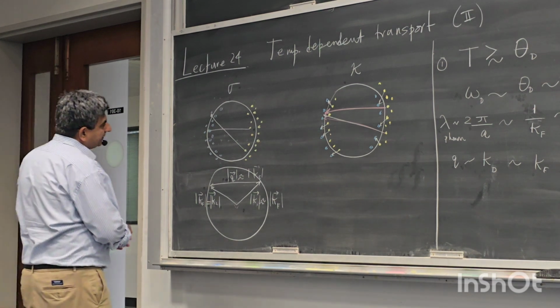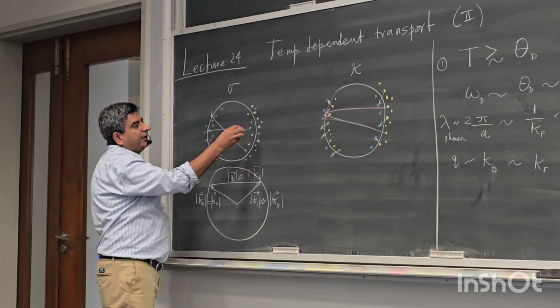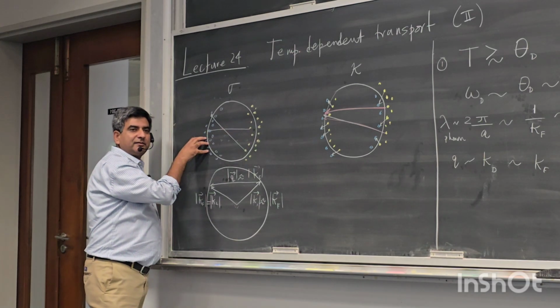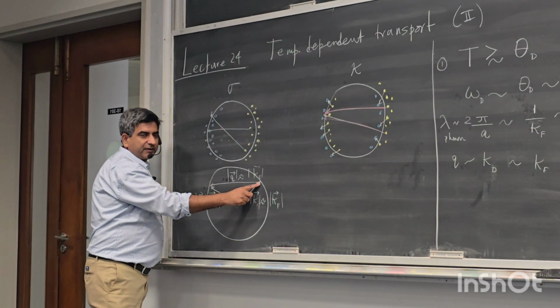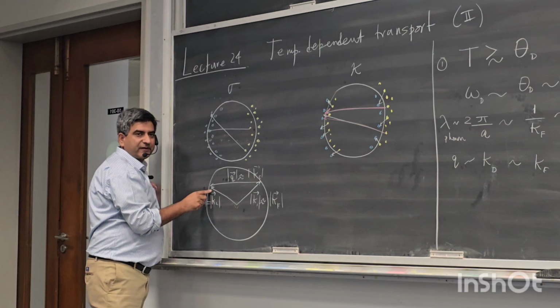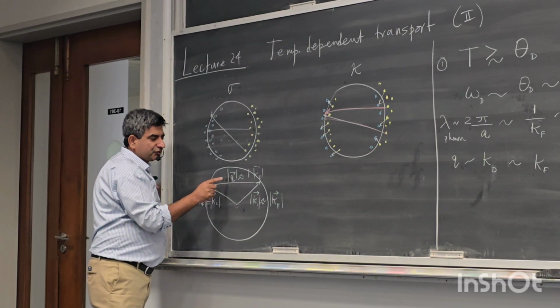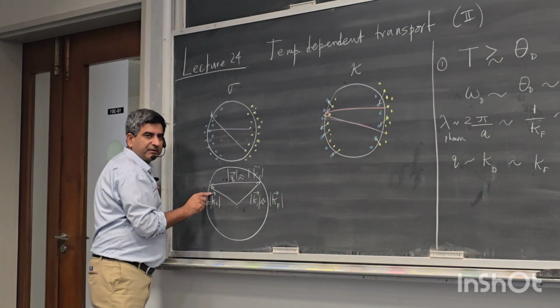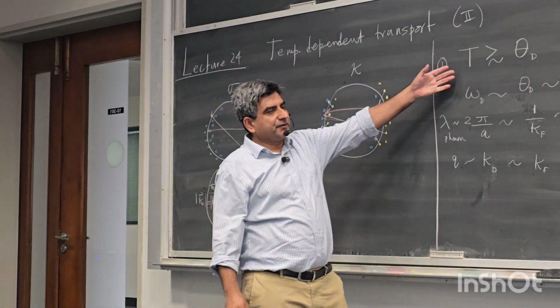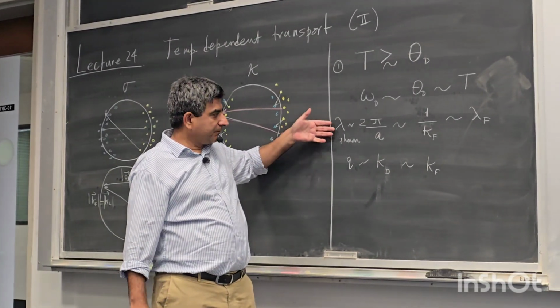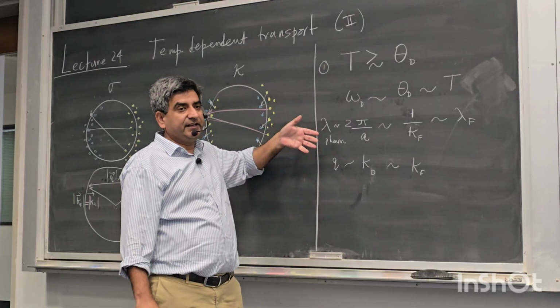So what is needed? For electrical conductivity, you need to take electrons from the right side of the Fermi sphere to the left side, which means an initial electron wave vector is pointing to the right, final wave vector is pointing to the left. So the change in momentum, which corresponds to the absorption or emission of a phonon, must be this long. So its wave vector must be comparable to the Fermi wave vector. At large temperatures, close to the Debye temperature, this wave number or wavelength for phonons is indeed available.